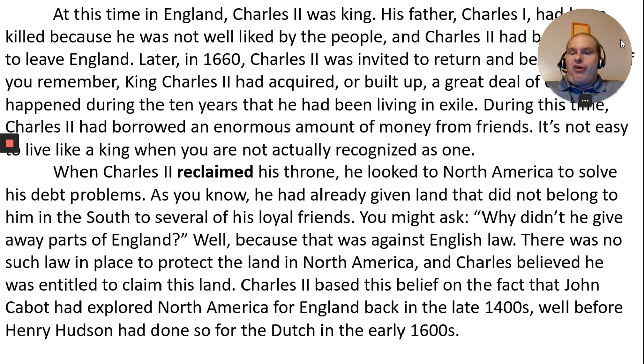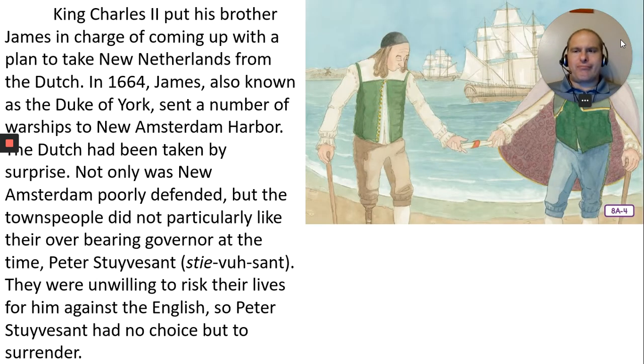There was no such law in place to protect the land in North America, and Charles believed he was entitled to claim this land. Charles II based this belief on the fact that John Cabot had explored North America and England back in the late 1400s, well before Henry Hudson had done so for the Dutch in 1600s. So, yeah, a little bit of time passed there.